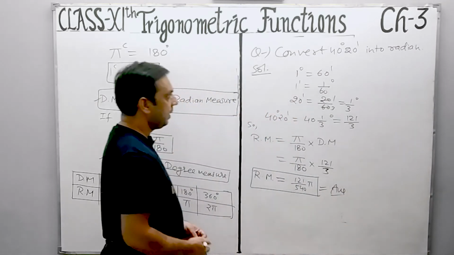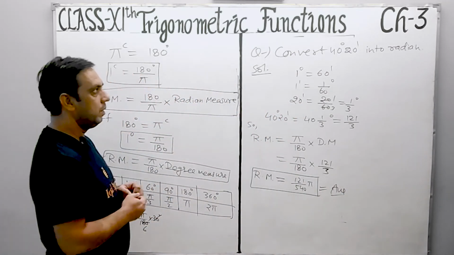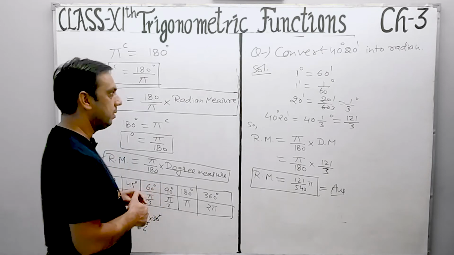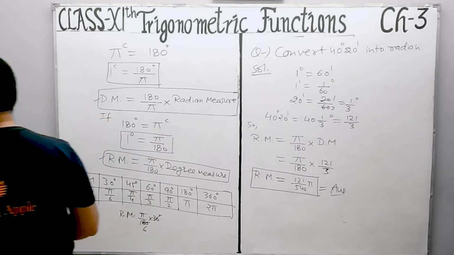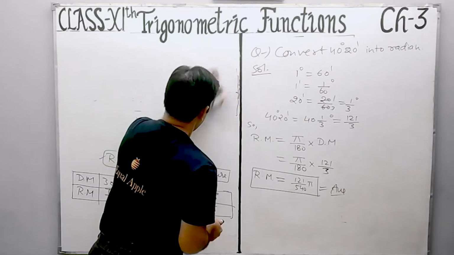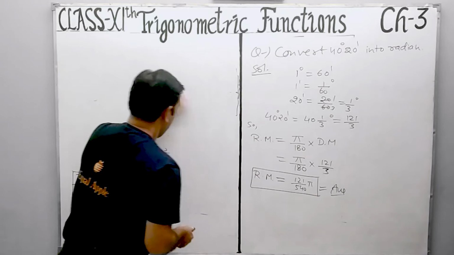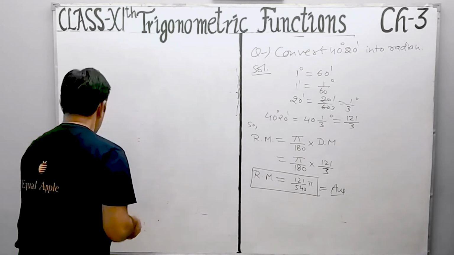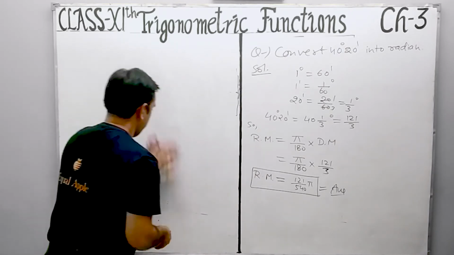Now we will take one more question in which we will convert a radian measure into degree measure, right? So I am taking one question in which we will convert a radian into degree.